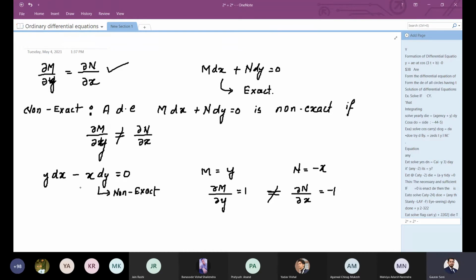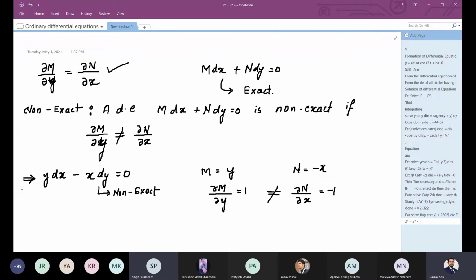Can you identify a function whose derivative can be this, by making some proper changes? The derivative of x by y, but you will have to make some change over there.